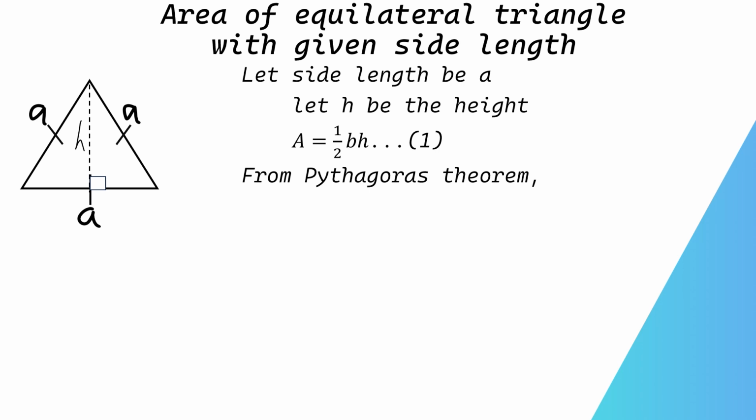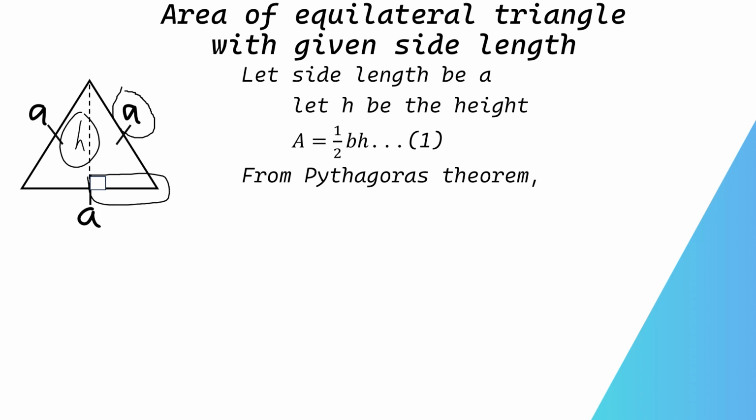I hope you can see that. Very good. So from Pythagoras theorem, the hypotenuse squared equals the height squared plus this side squared.